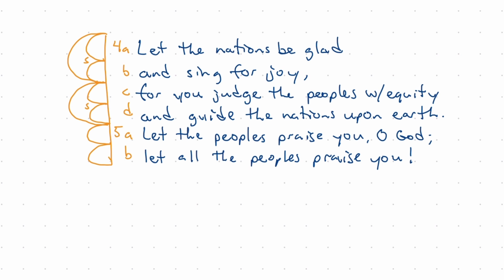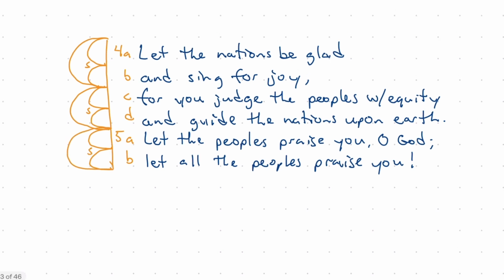And if we were only arcing verse 4, we could draw one arc over those four propositions and label them as a ground relationship. But we have verse 5 to deal with as well. And it seems like verse 5, A and B, also have a series relationship between those two statements.